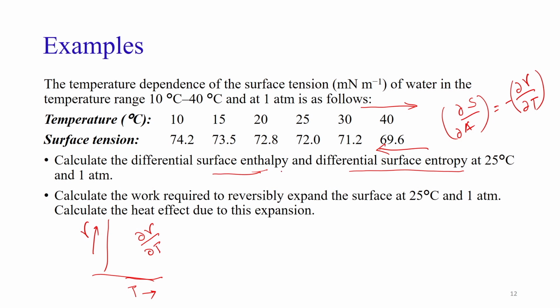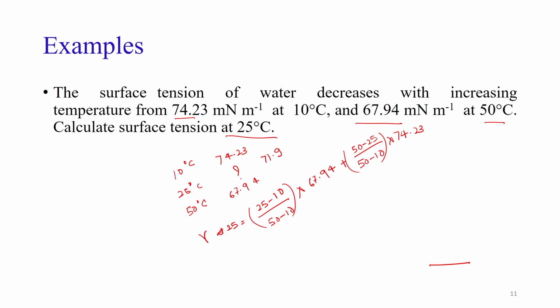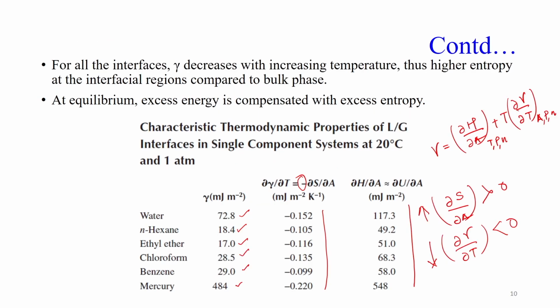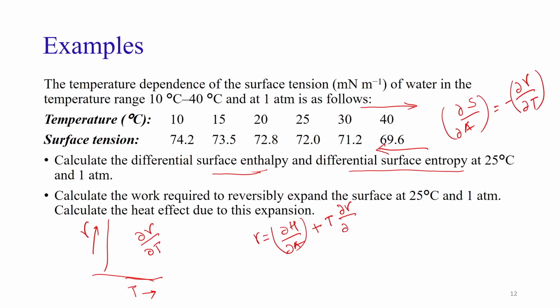How to calculate differential enthalpy now? It says gamma is equal to dou H upon dou A plus T times, if you remember the last expression, dou gamma upon dou T. The slope is known, and we have to calculate at 25.